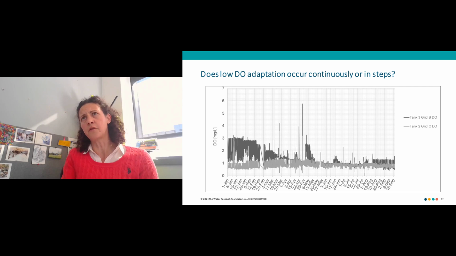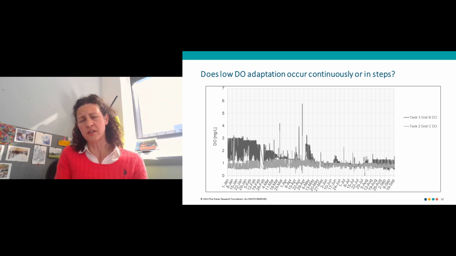And it's interesting for us, as we did this project and really needed to figure out operationally, how do we create guidelines for the industry to transition and adapt into low DO conditions? Does this adaptation actually happen continuously, or are there certain phases or boundary conditions in the DO ranges where we see the microbes adapt faster?